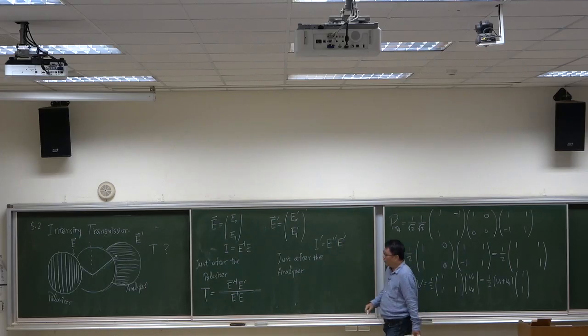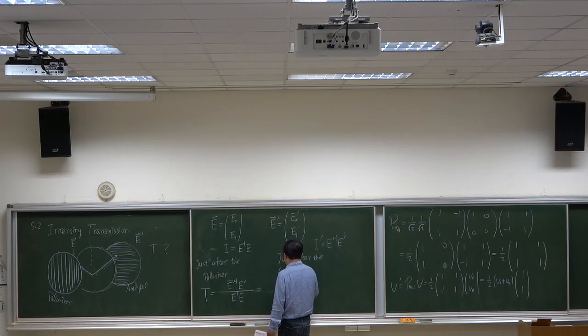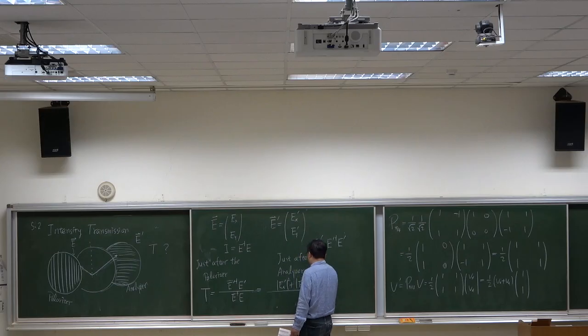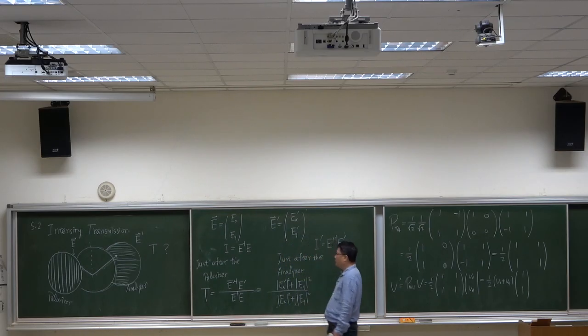Okay? Or we can write this as E x prime square plus E y prime square over E x square plus E y square. Okay?